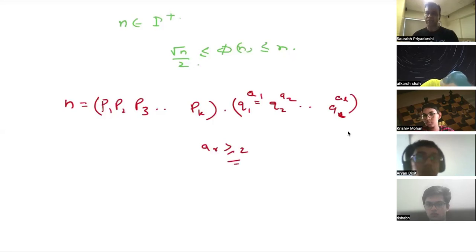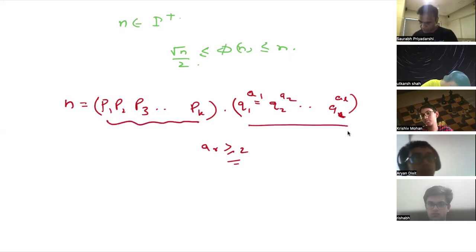Every number either has some powers or not. This part has the factors that are not taking any power, and this part has the factors taking powers of 2 or more. Is this okay?